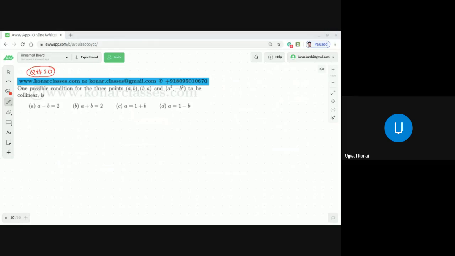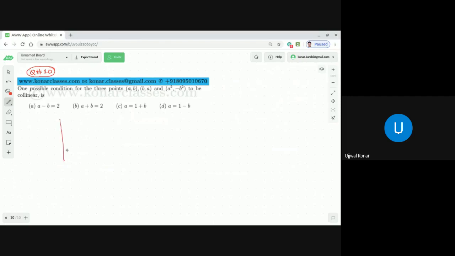Okay, the question here is: what is one possible condition for the 3 points whose coordinates are given as (a, b), (b, a), and (a squared, minus b squared) to be collinear. We know the condition of collinearity, that the value of the corresponding determinant has to be equal to 0.